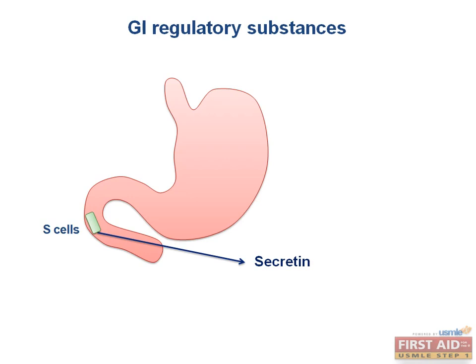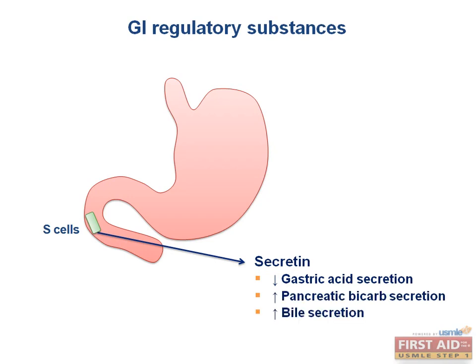Secretin is produced in the duodenum by S cells. What is its function? Well, secretin's functions are to reduce the amount of hydrogen ions in the small intestine, so it pretty much acts as a negative regulator of the acid. Similar to CCK, it works to increase secretions. Specifically, it increases pancreatic bicarb secretion as well as bile secretion.